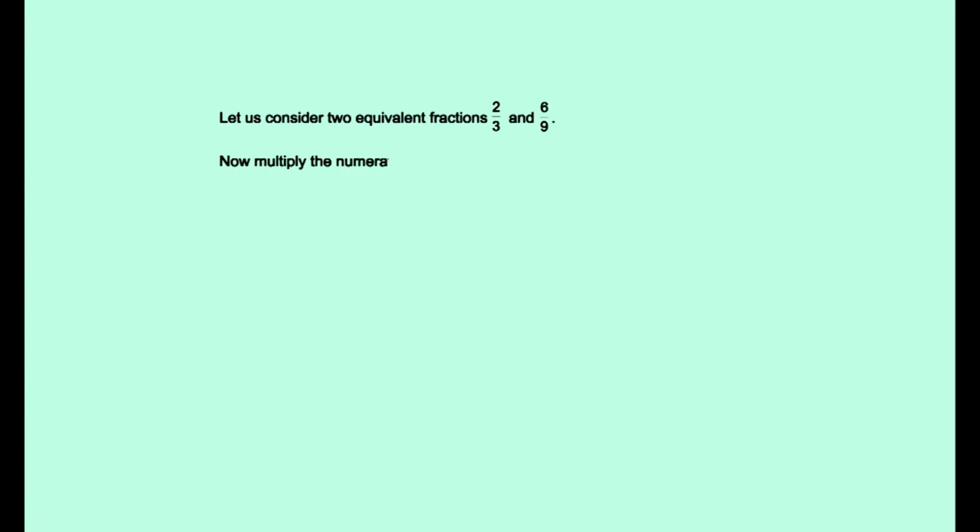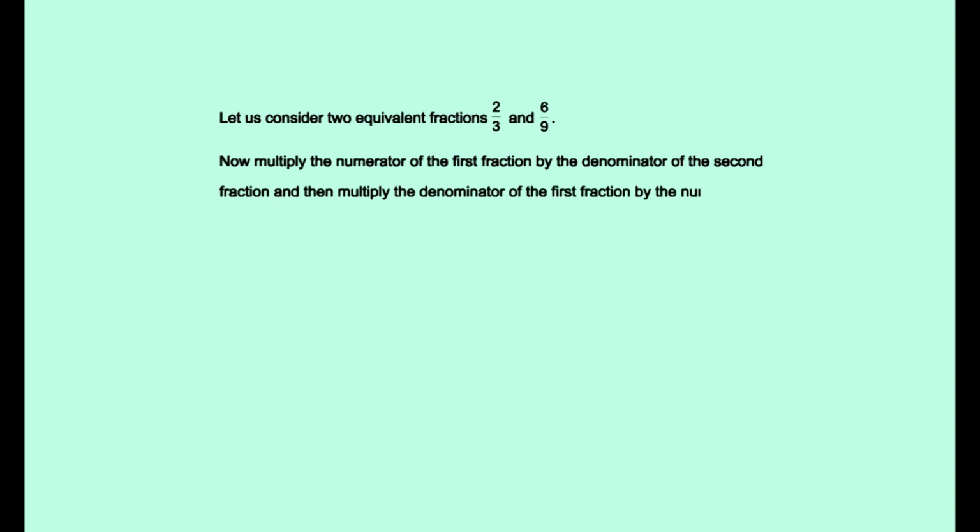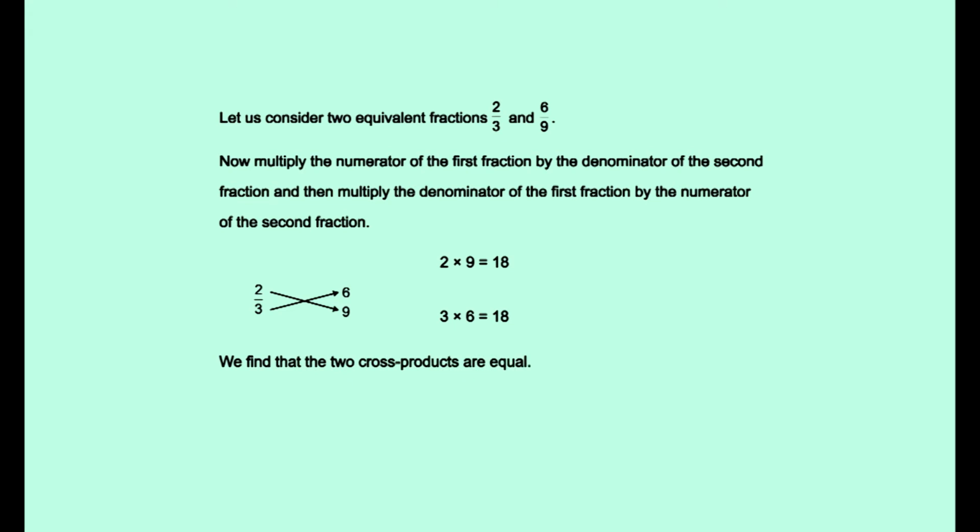Now multiply the numerator of the first fraction by the denominator of the second fraction and then multiply the denominator of the first fraction by the numerator of the second fraction. 2 by 3, 6 by 9. 2 into 9 is equal to 18. 3 into 6 is equal to 18. We find that the two cross products are equal. So, we may conclude that two fractions are equivalent if the cross products are equal.